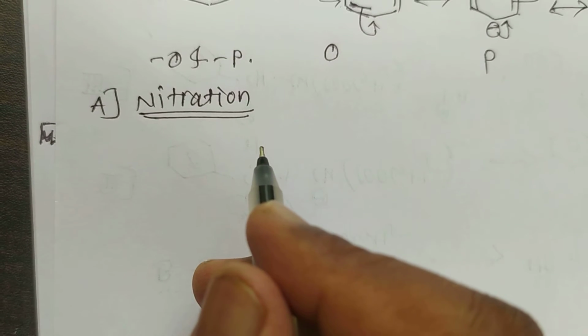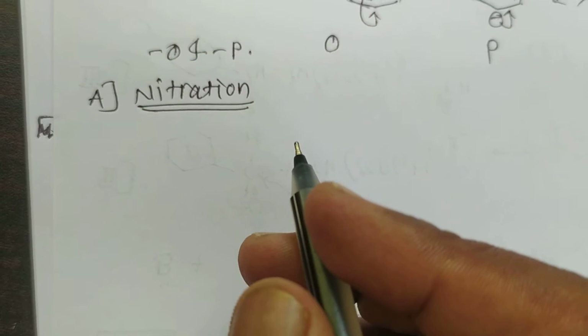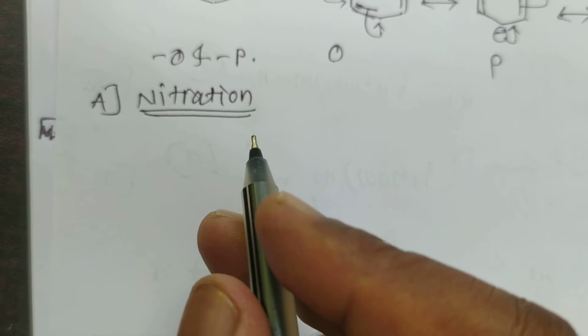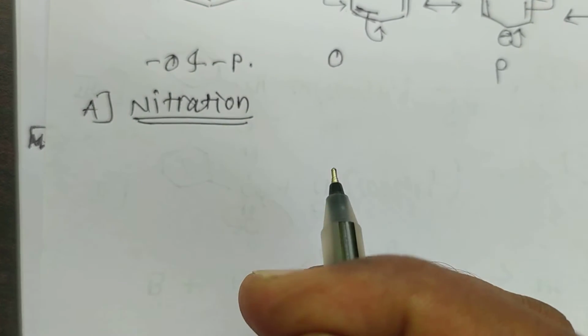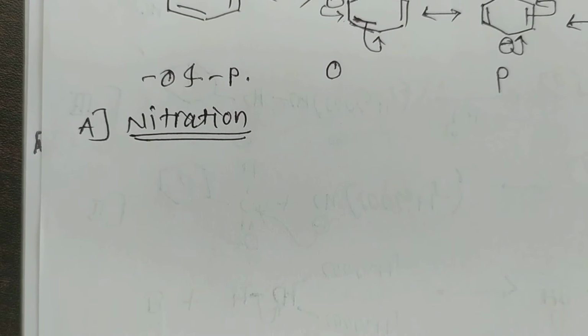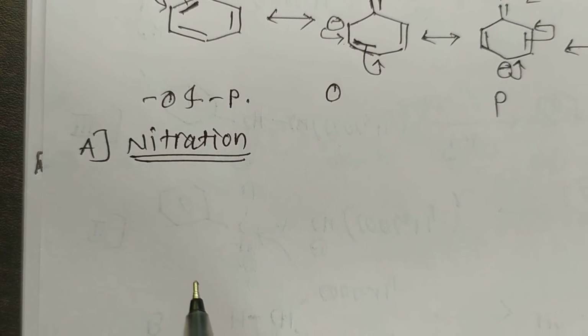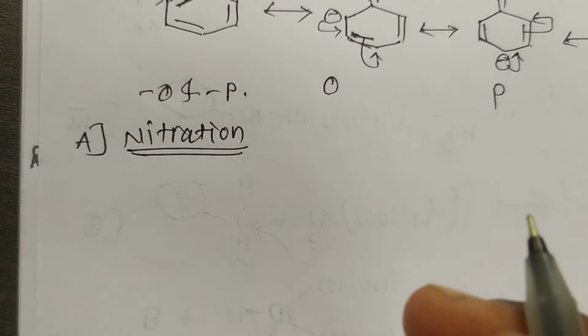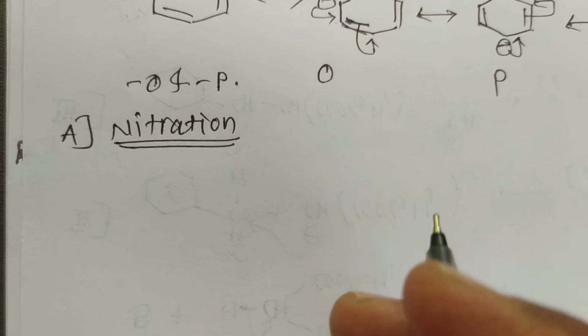So to arrest oxidation, first we are going to convert this aniline into an acylated product. Means first this aniline is reacted with an acylating reagent, that is aliphatic acid anhydride. After that, its nitration is carried out.